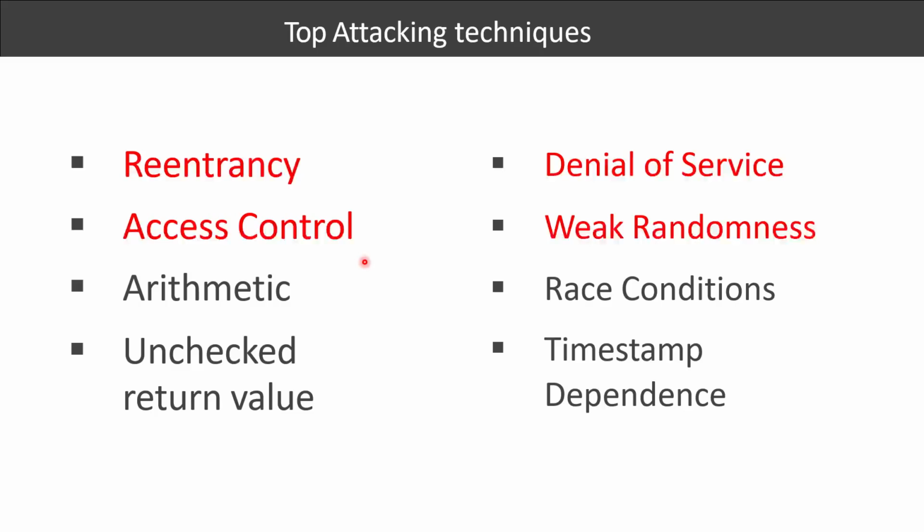Access control, so not knowing who is operating on the smart contract, who the actors are, or a bad identity. Arithmetic problems, unvalidated or unchecked return values. Of course, there's always denial of service. Weak randomness, and race conditions, which are problems in general, not only with smart contracts, and timestamp dependence that is not consistent with logic.